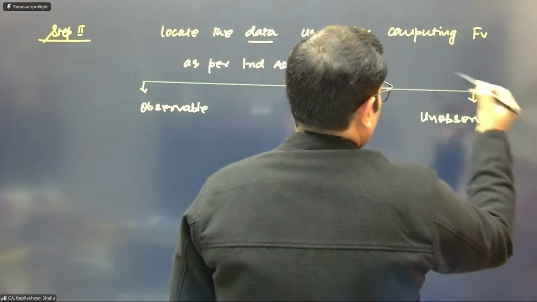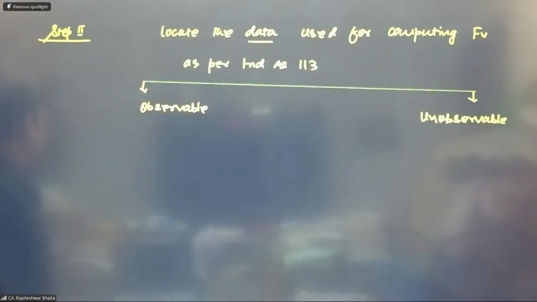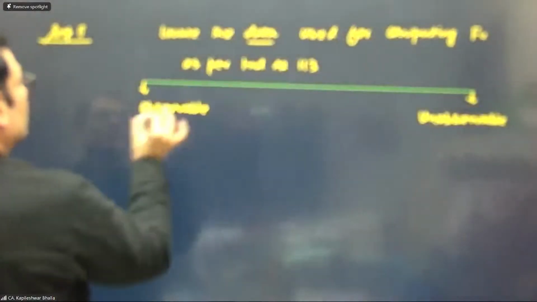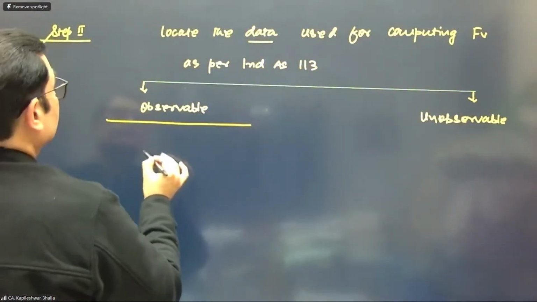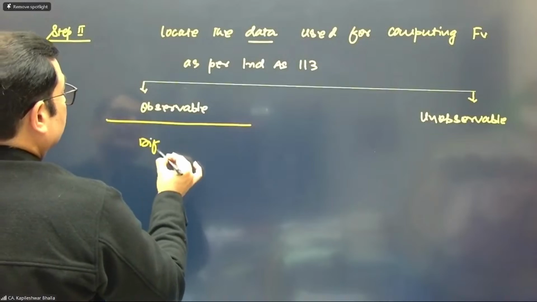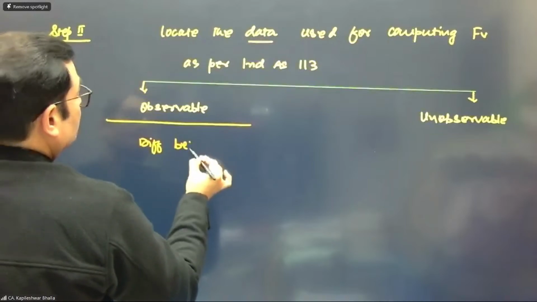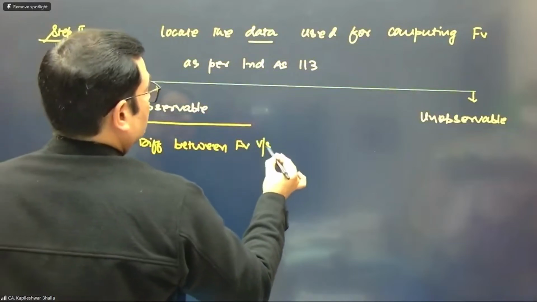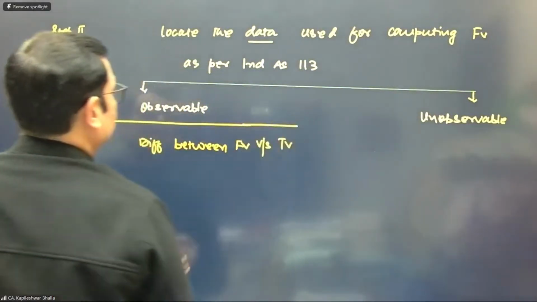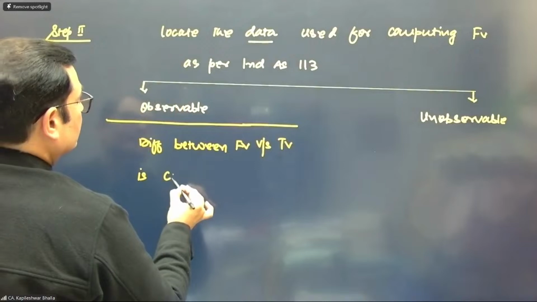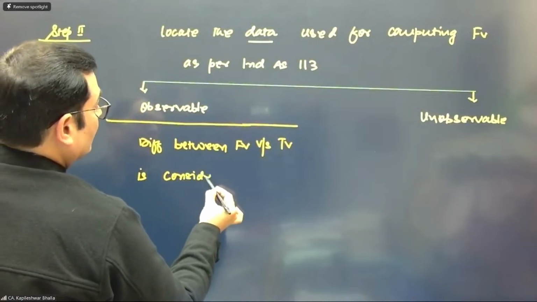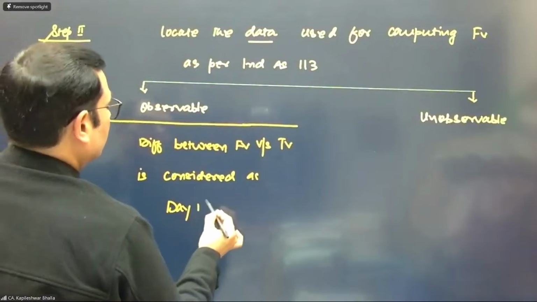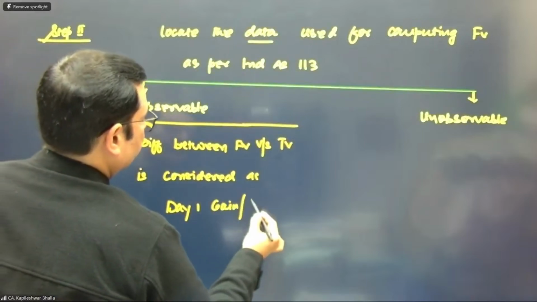If the data is based on observable inputs, then in this particular case, the difference between the fair value and the transaction value, which I'll put as TV, is considered as day one gain or loss.